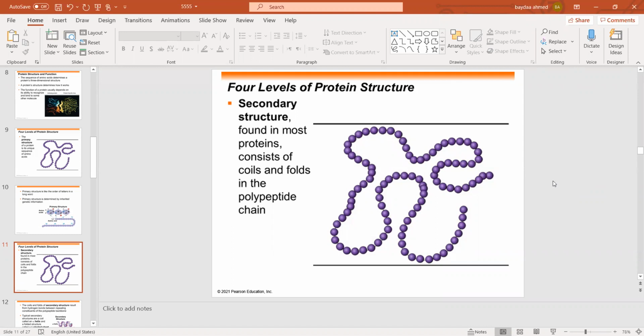These coils and folds are collectively referred to as secondary structure. They result from hydrogen bonds between the repeating constituents of the polypeptide backbone, not the amino acid side chains. Within the backbone, the oxygen atoms have a partial negative charge, and the hydrogen atoms attached to the nitrogen have a partial positive charge.